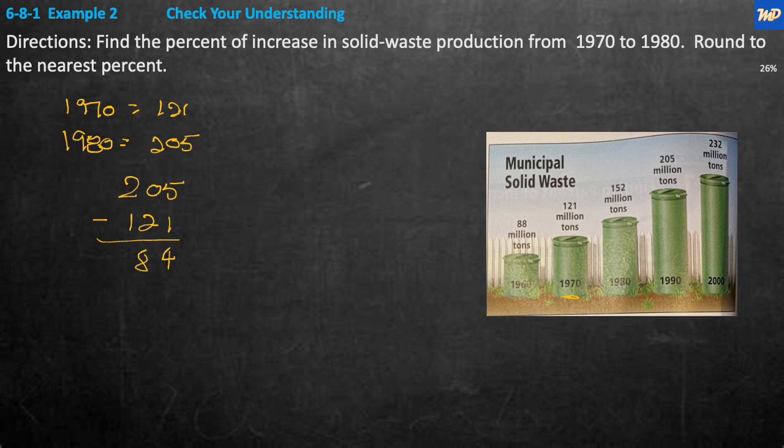That's our change. So what is the percent change? The percent change is the change, 84, divided by the starting value, which was 121. And if we look at that number, well, let me get a calculator out. So according to my calculator, which I apologize, I don't have a way to show it on the screen.